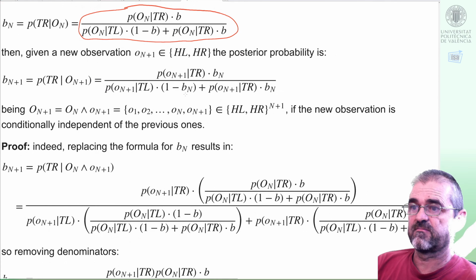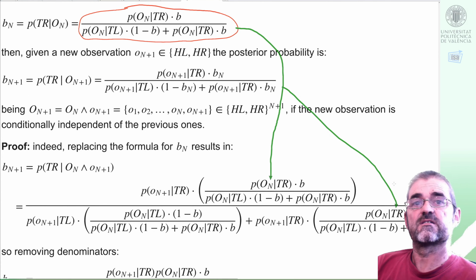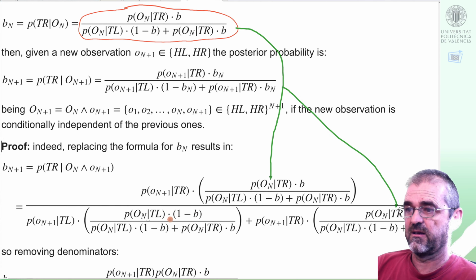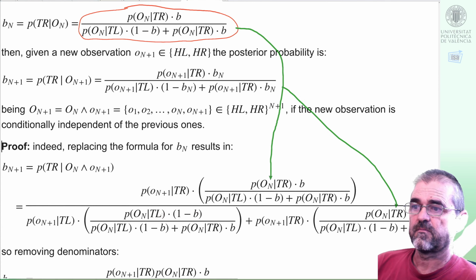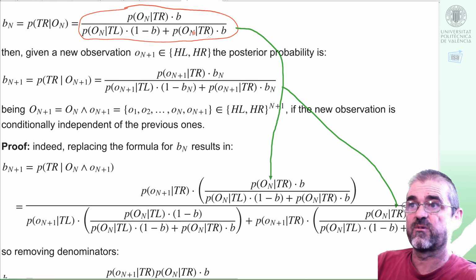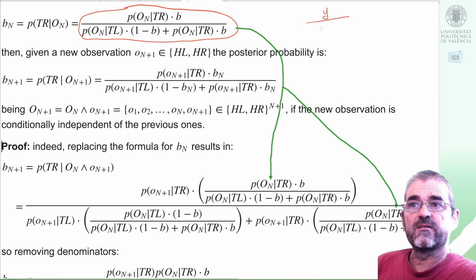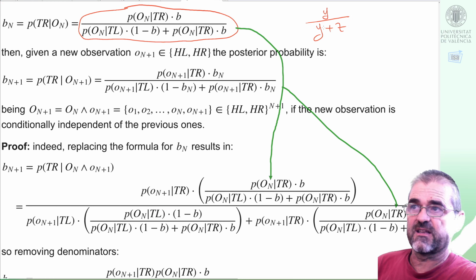I plug this in there, so I get this stuff, and in here I use the fact that the application of Bayes formula is something like y divided by y plus z.